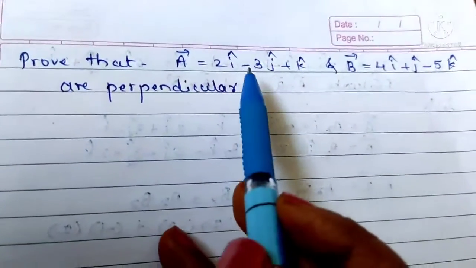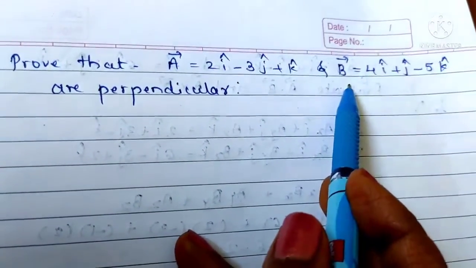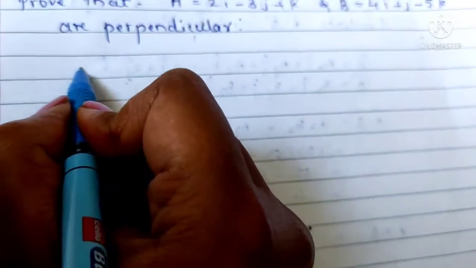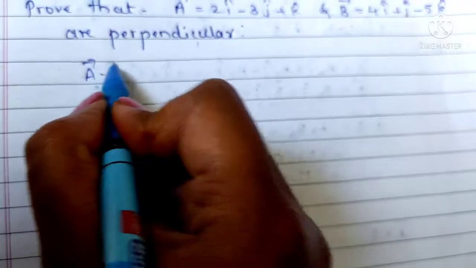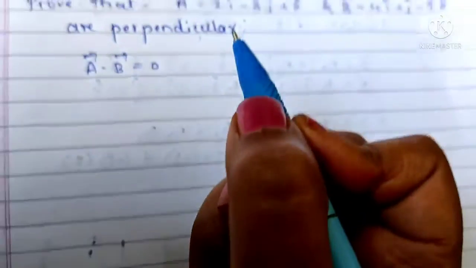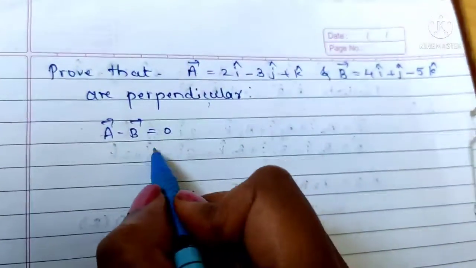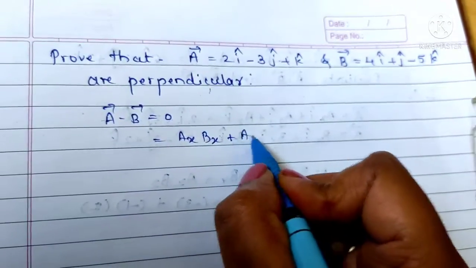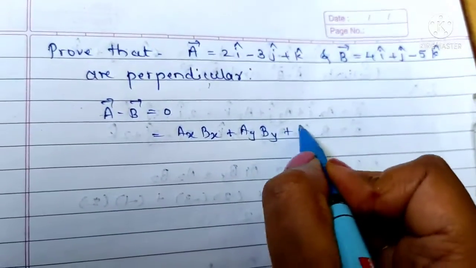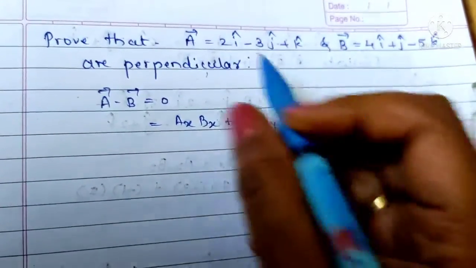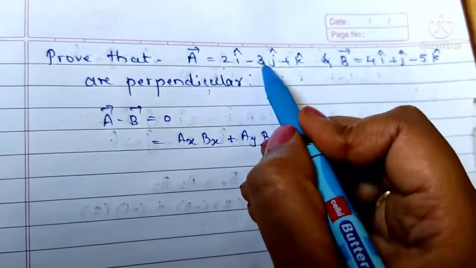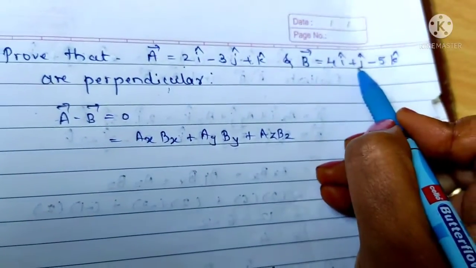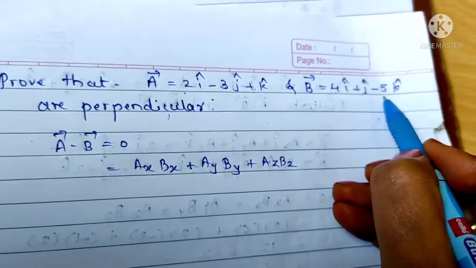Next, we have to prove that the vectors a bar and b bar are perpendicular to each other. We know that for perpendicular vectors a bar and b bar, the dot product is always 0. Now the dot product of these two vectors can be written as ax bx plus ay by plus az bz. Here ax is 2, ay is minus 3, az is 1 and bx is 4, by is plus 1 and bz is minus 5.